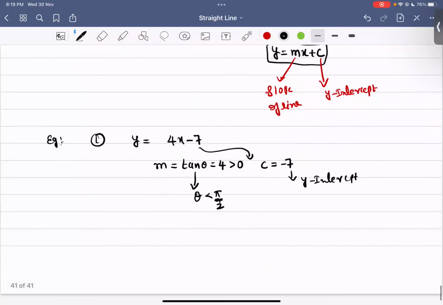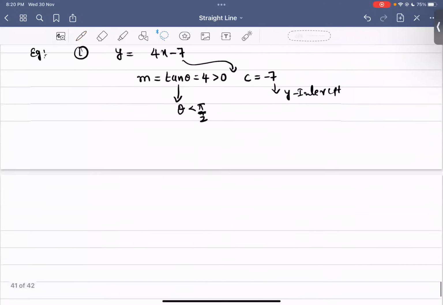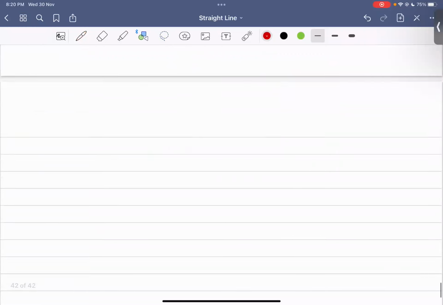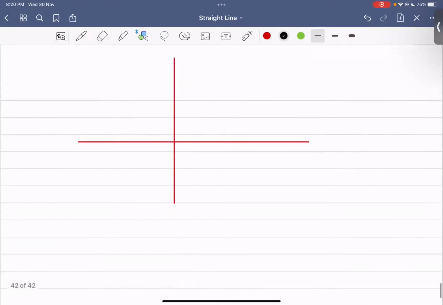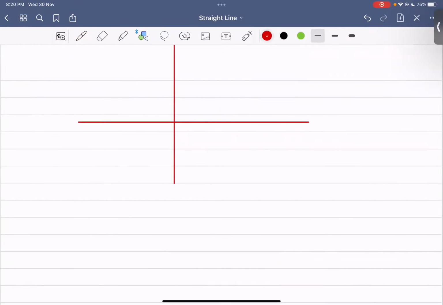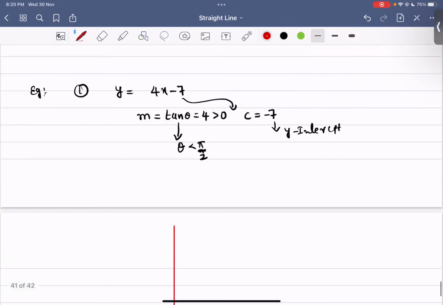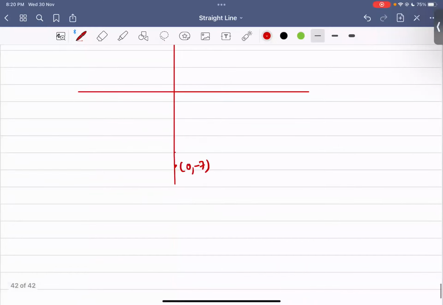So where does the line intersect the y-axis? At minus 7. That is, suppose this is 0 comma minus 7, and the slope is less than 90 degrees.